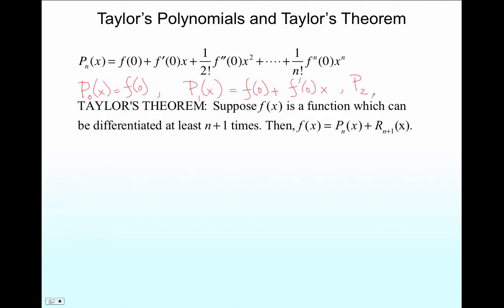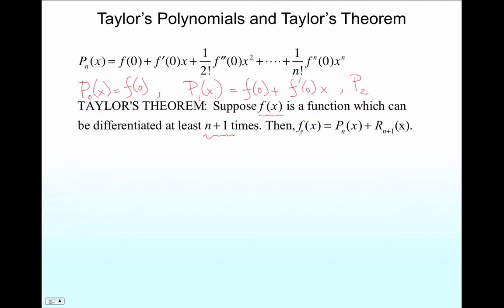Now here comes Taylor's theorem. It says that suppose f of x is a function which has got at least n plus 1 derivatives. In other words, you can keep differentiating this at least n plus 1 times. If you can't differentiate it, then Taylor's theorem is not useful at all.